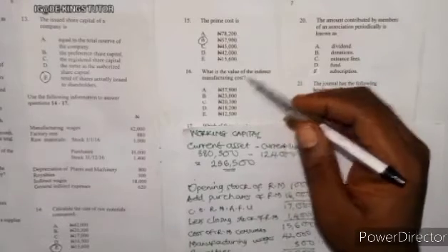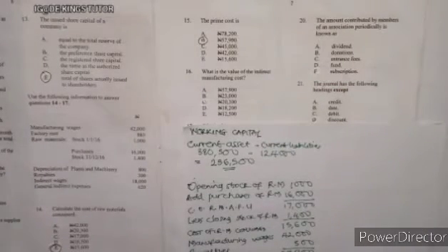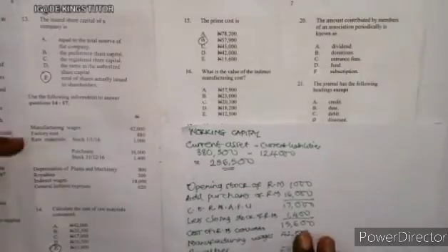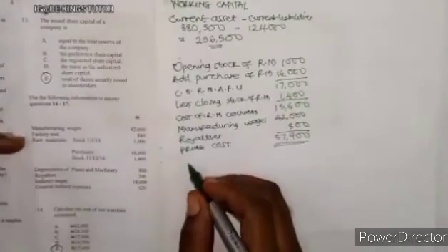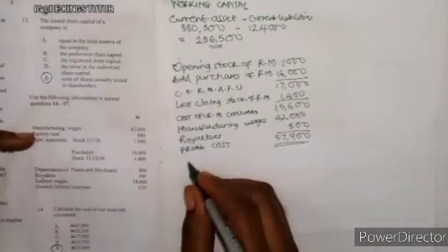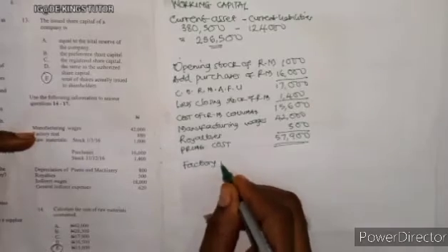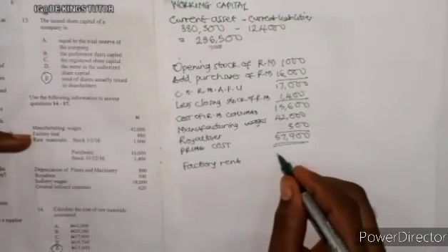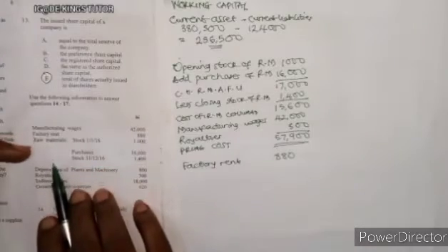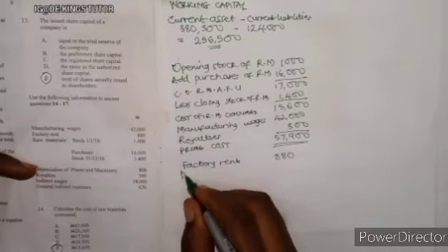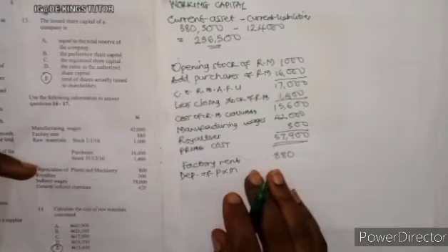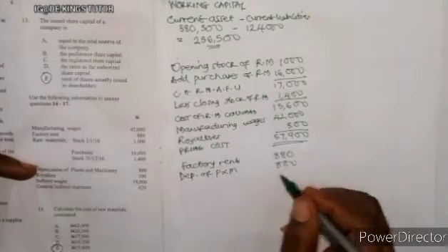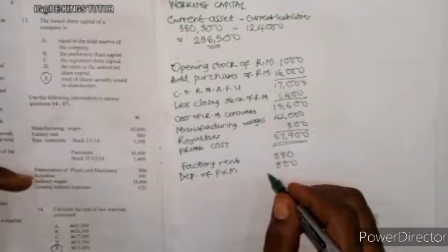The next one: what is the value of indirect manufacturing costs? We're going to list them out. The first one is factory rent, 880. Depreciation of plant and machinery is 800, and royalty is direct.